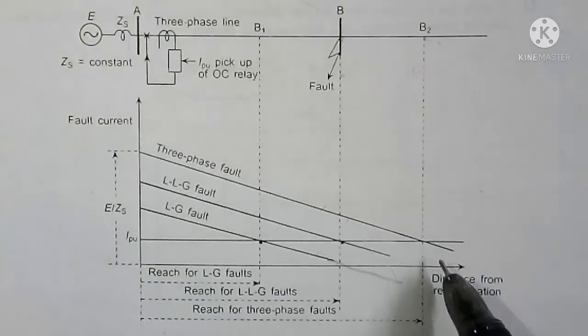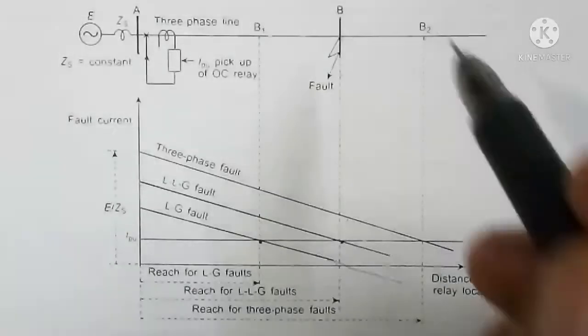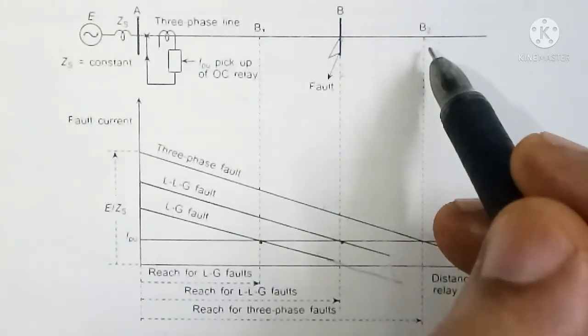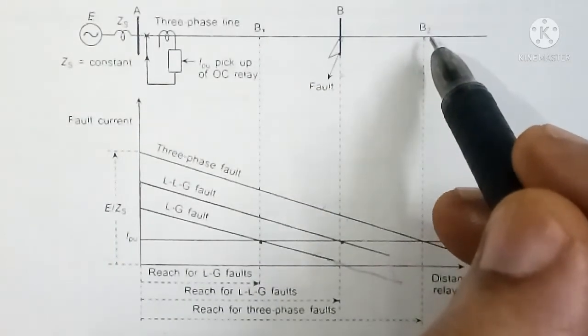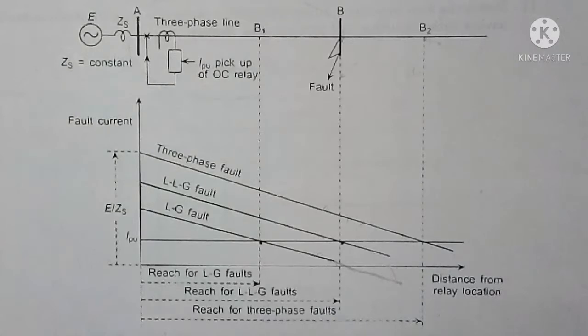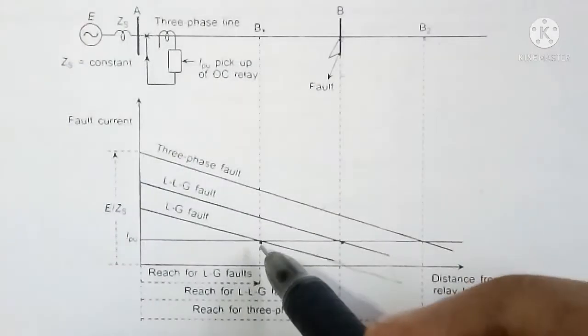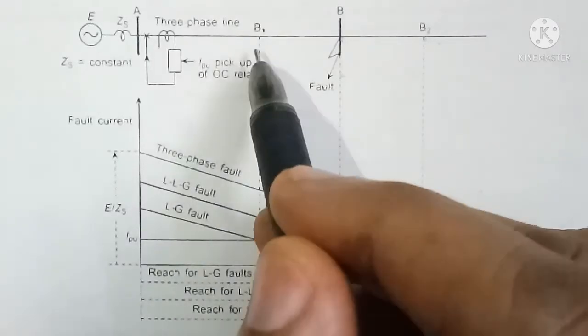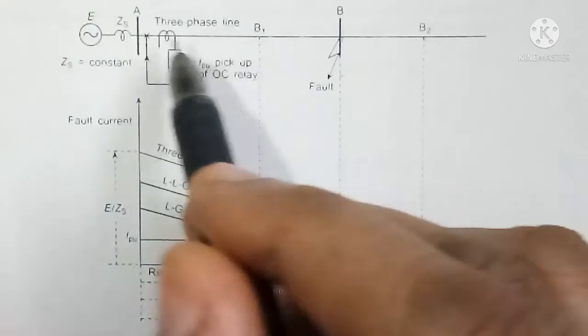That is, for a three-phase fault, it operates for the fault point very much far away from the relay location. For LG fault, the relay operates at a distance very close to the relay location.